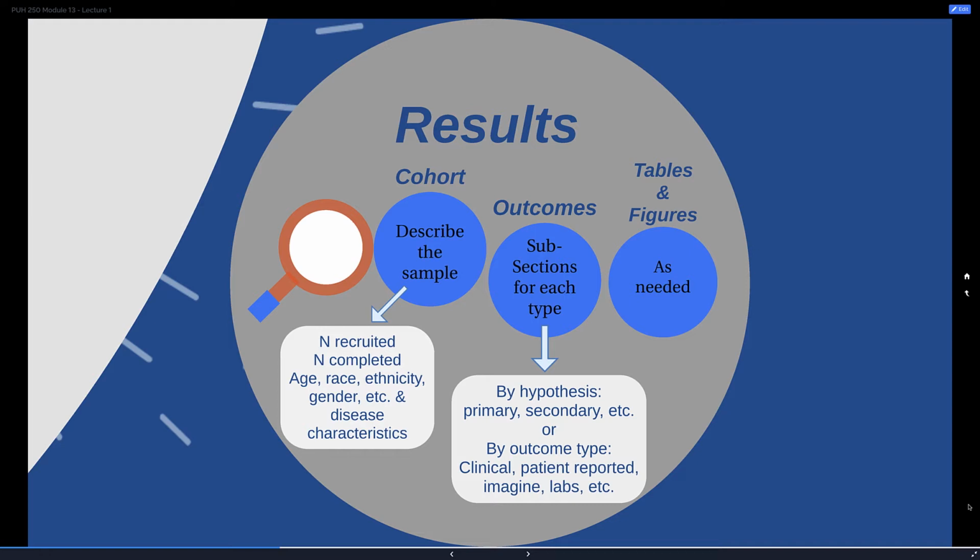So it can be divided up by hypothesis. So if you have a primary hypothesis or secondary or tertiary, or you can divide it up by outcome types. So clinical outcomes, so blood pressure, patient-reported outcomes, how do they feel? Image outcomes, so MRI or X-ray, and then labs, etc. And the results will also include tables and figures as needed.